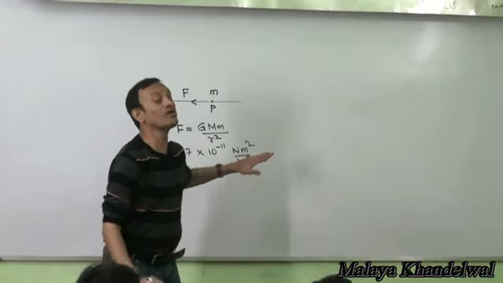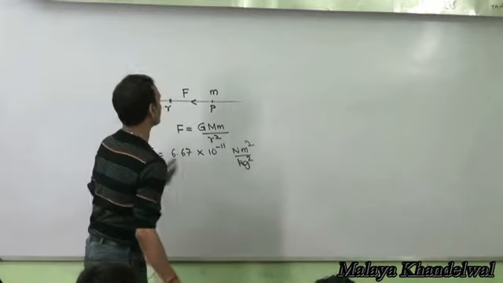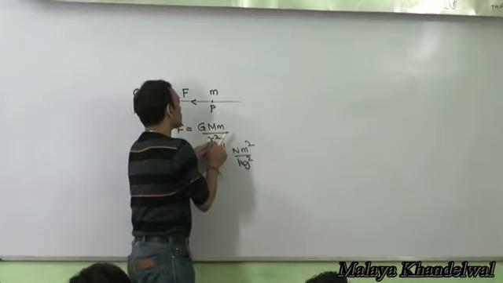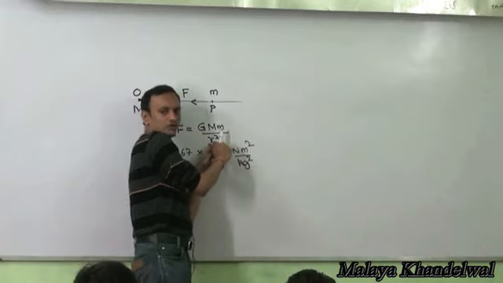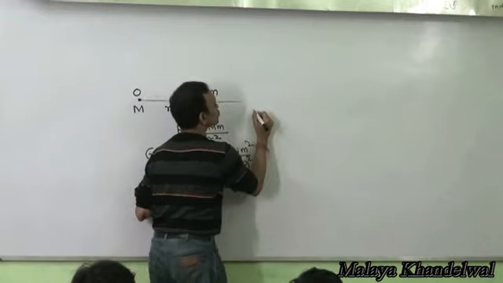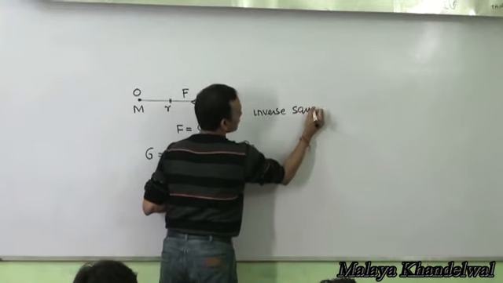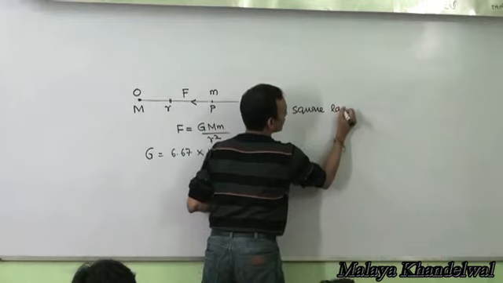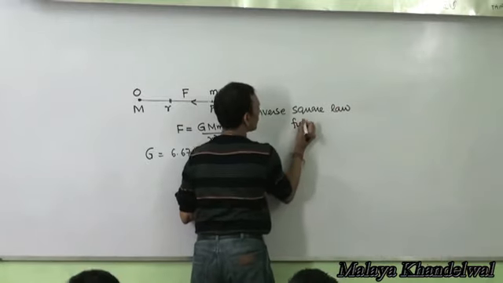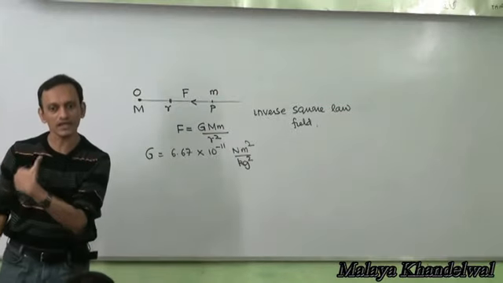Therefore, is this force not exactly of the kind that we just discussed? In fact, in this case, this is an inverse square law field because the magnitude of the force varies as 1 by r squared.